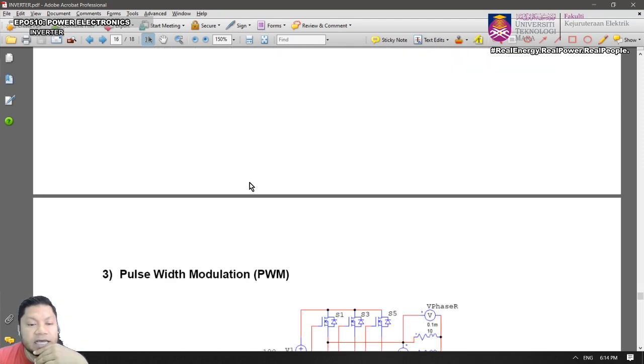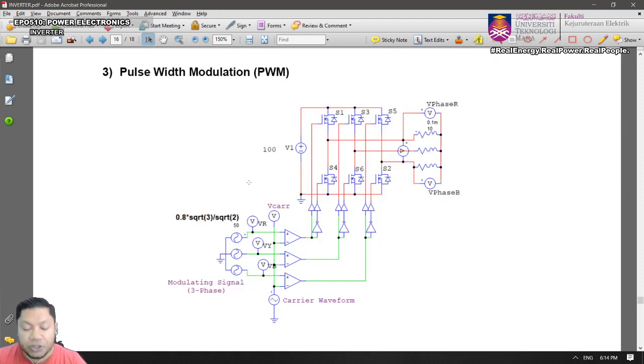Now we're going to look at the last technique, which is pulse width modulation. So previously for the single phase inverter, we have unipolar PWM as well as bipolar PWM, isn't it?